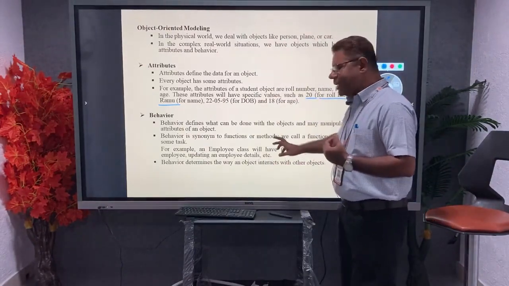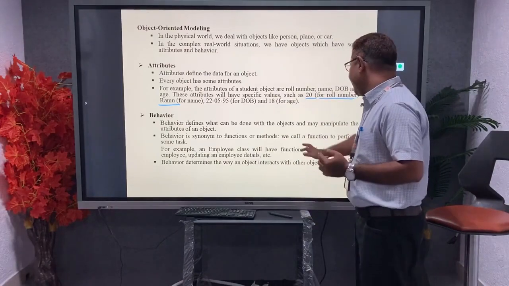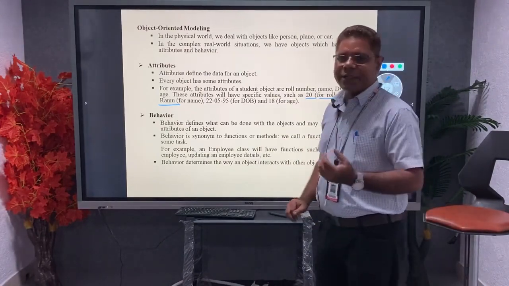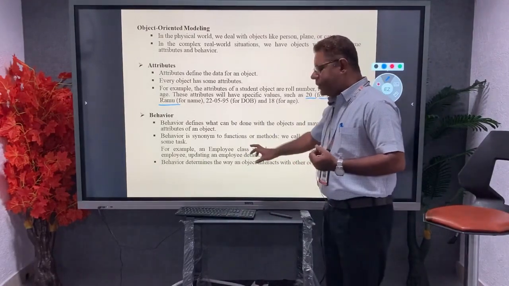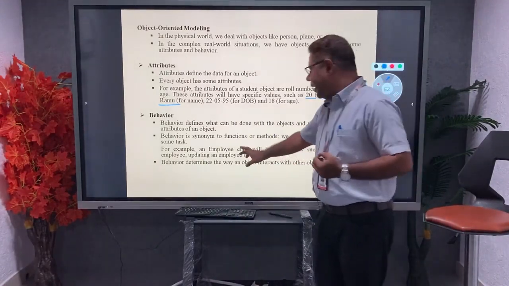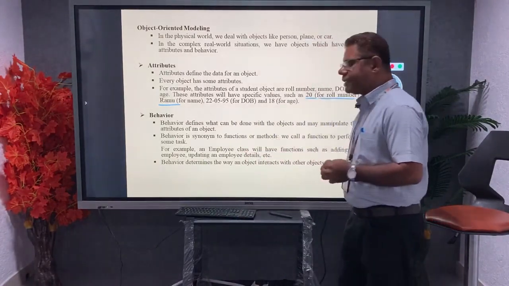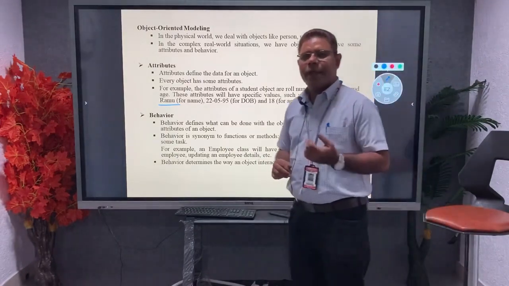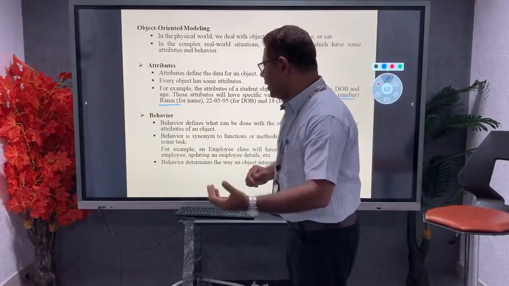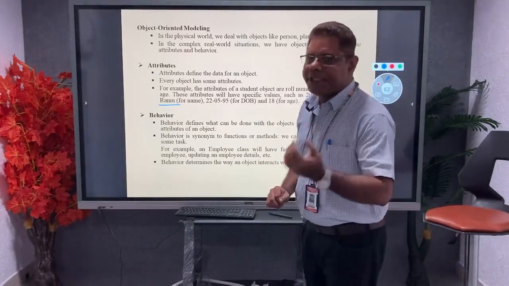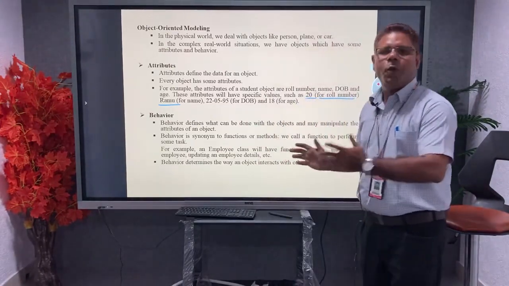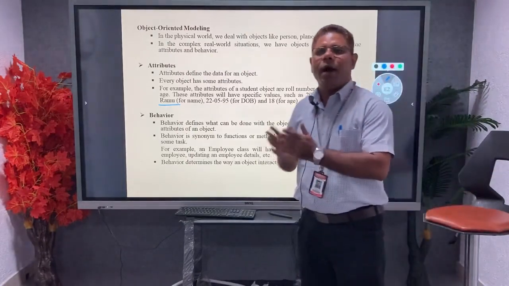By using functions we can perform different operations on the objects. For example, an employee class will have functions such as adding the employee, deleting the employee or updating the employee details. The behavior also specifies how one object can interact with another object.